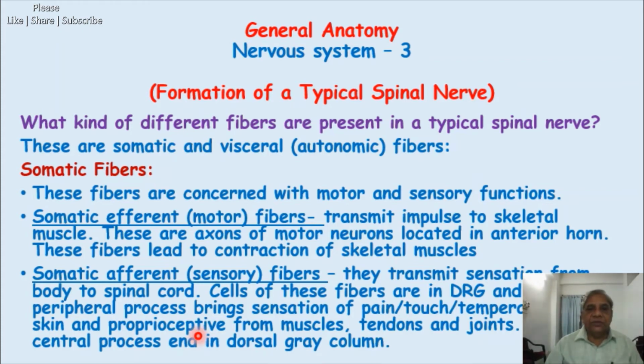These are called proprioceptive impulses. The central process of the dorsal root ganglion cell will go and end in the neurons present in the dorsal gray column of the spinal cord. I will show you both in the next diagram.